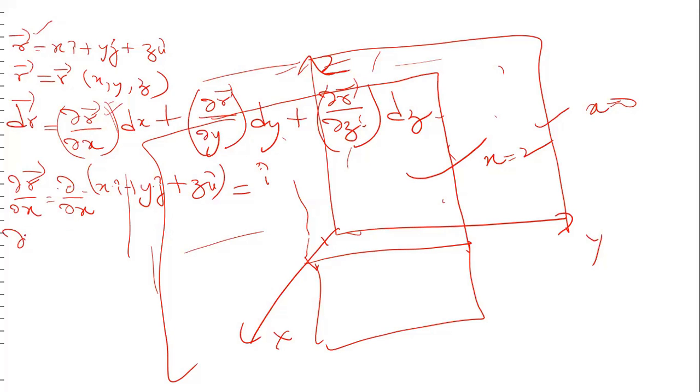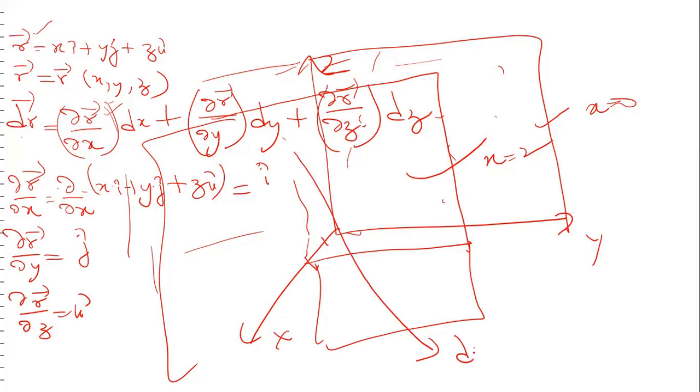Okay, and similarly del r upon del y, you will get it as j cap. Del r upon del z, you will get it as k cap. So therefore, from this relation, your dr vector in this case will be i dx plus j dy plus k dz. All right. So that's how we get this arc length dr here in the Cartesian system.